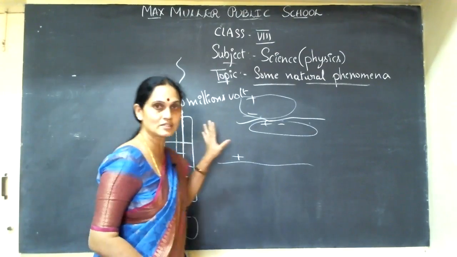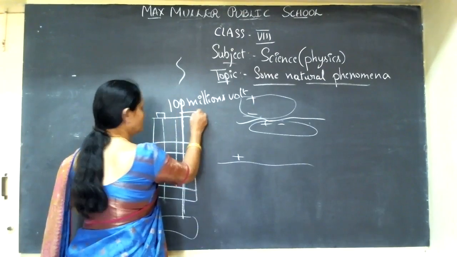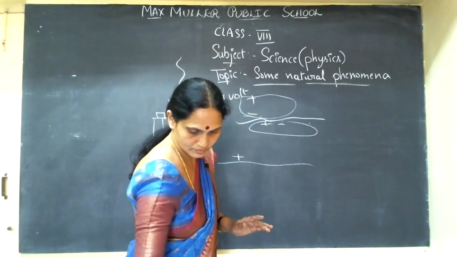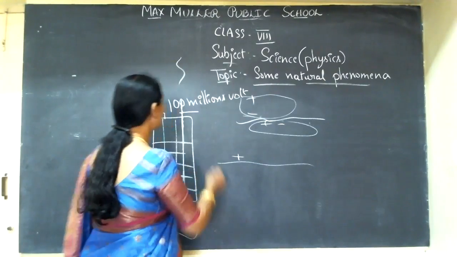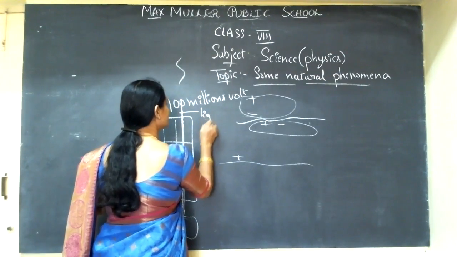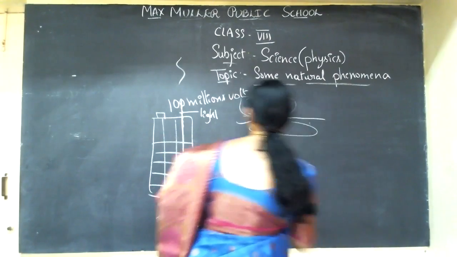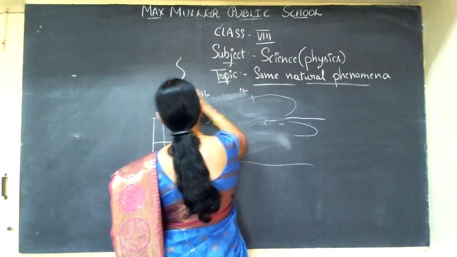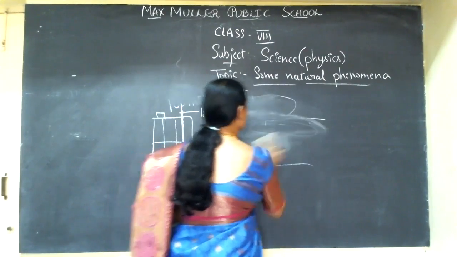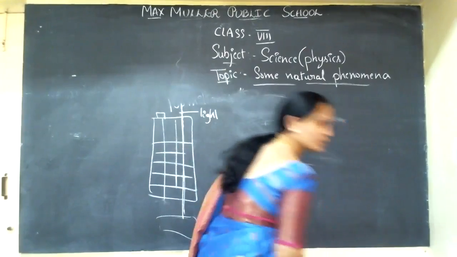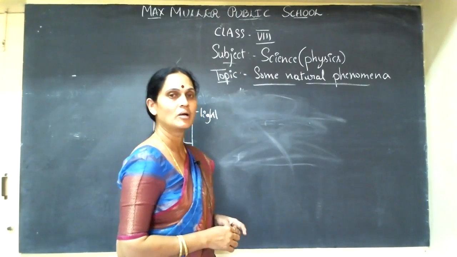This is called a lightning conductor. It is installed in almost all tall buildings, not the houses where we stay, though even your school building has it.